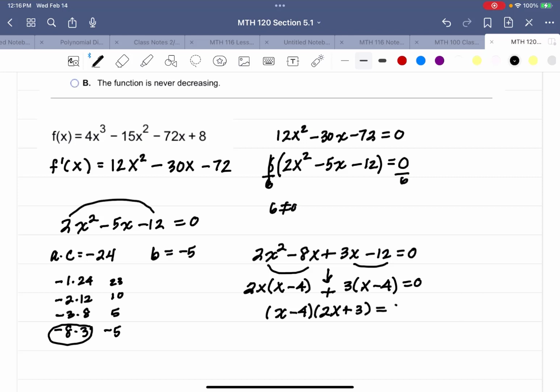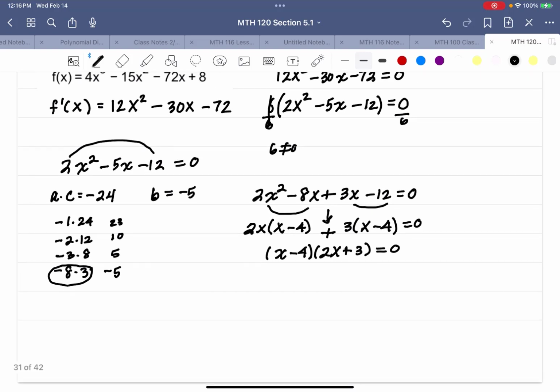Setting these each equal to 0, x minus 4 is 0 if x is 4. 2x plus 3 is 0. Well, subtract 3 from both sides. 2x is negative 3. Divide by 2. x is negative 3/2.